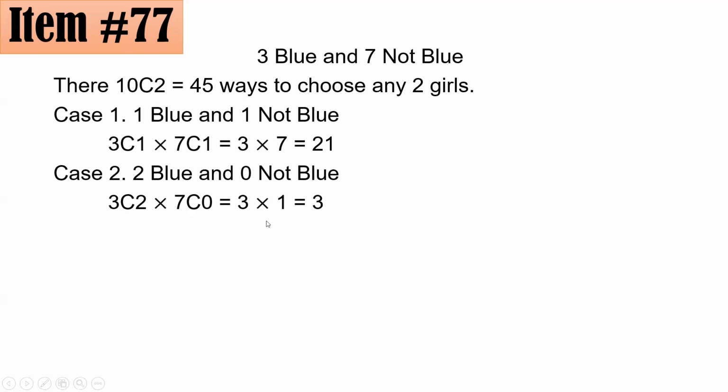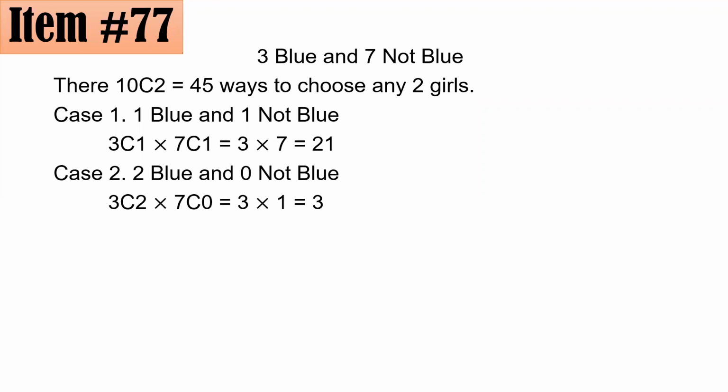You could verify that with your calculators. And 3 times 1 is 3. And this tells us na meron pong 3 ways na napipili tayo ng dalawang students na puro blue, na dalawa sila na blue din yung mata nila. At saka walang student na hindi blue yung mata.